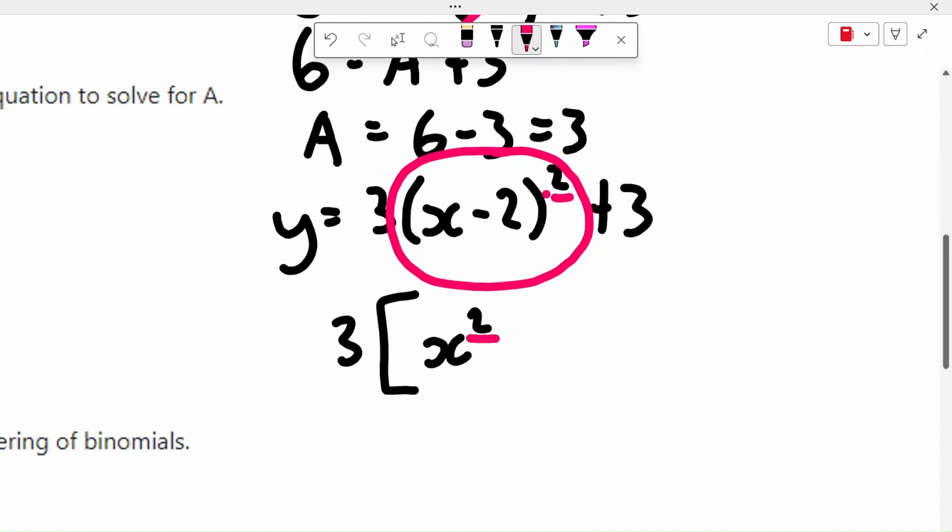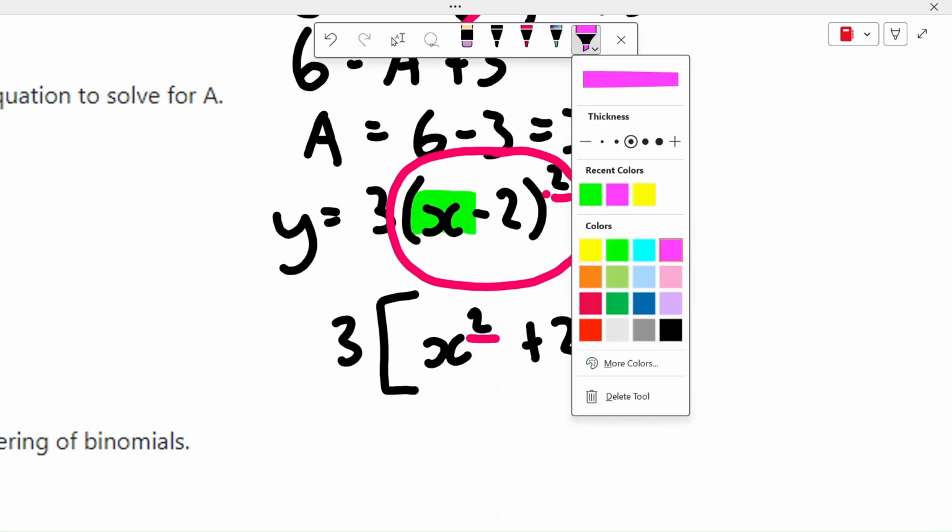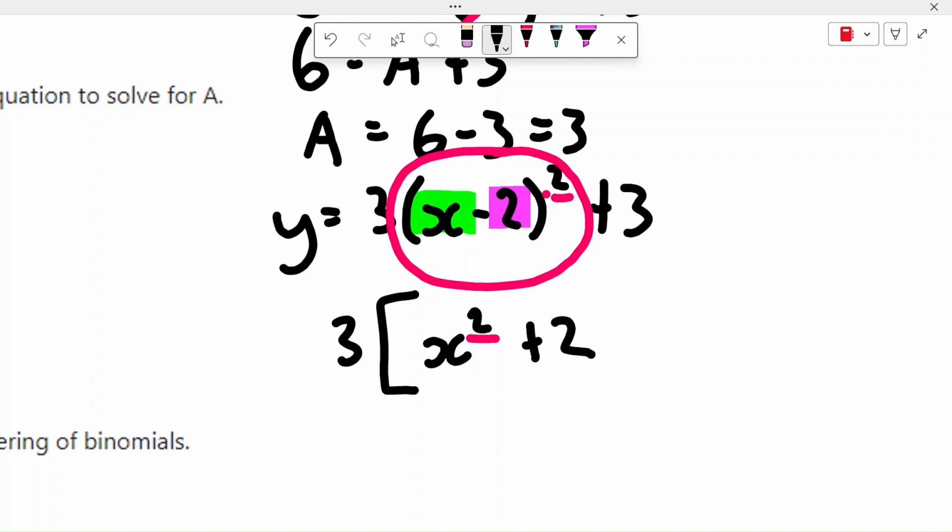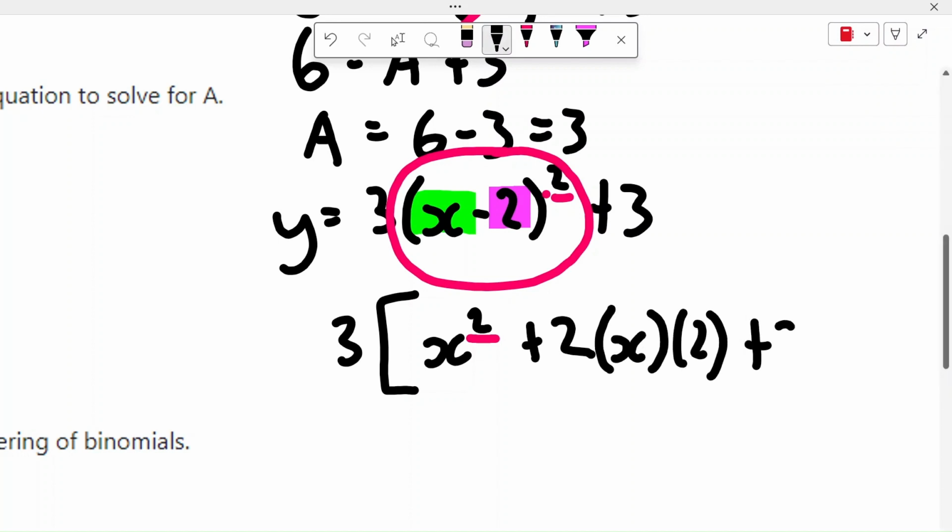because that's the number 2 there. So you can see that. And then it is plus 2 lots of this value here multiplied by this value here. Okay, so when we do it, we get x times 2, and then the last thing is that minus 2 squared.